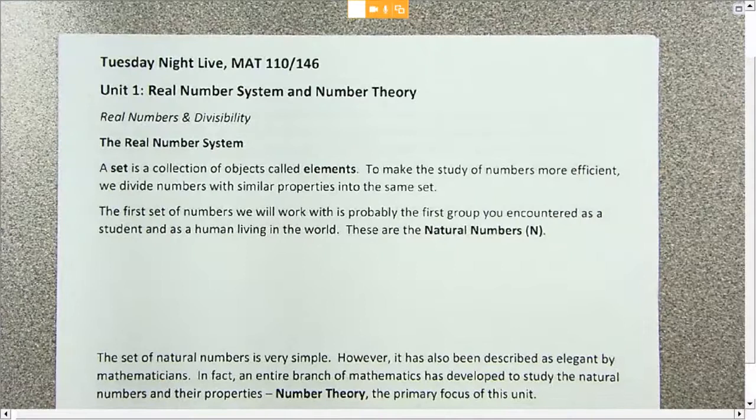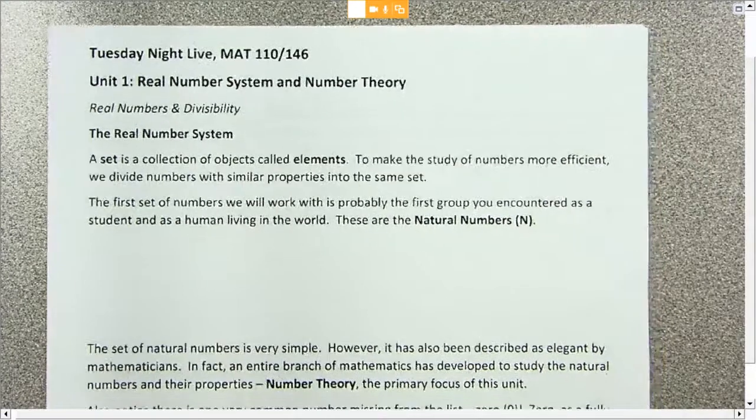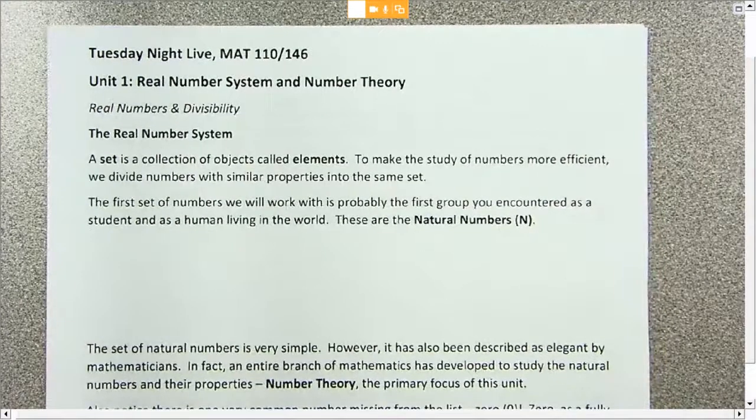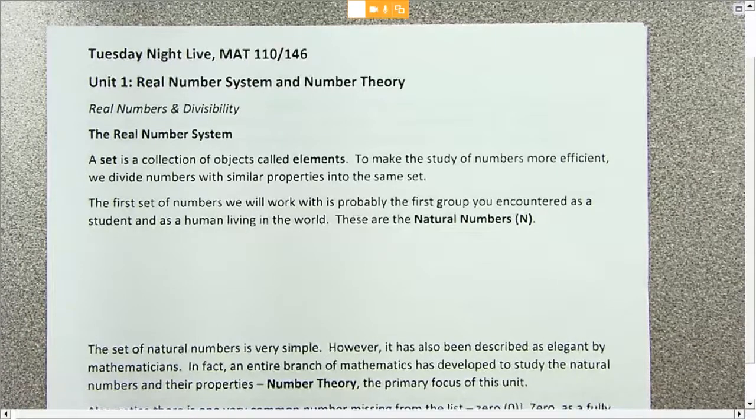All right. So let's talk about the real number system and number theory. This class moves so quickly that I have it set up in units, but it's not going to seem like it's set up in units because we're going to go from one topic to another so quickly. But the first unit that we're going to talk about is a unit on number theory.